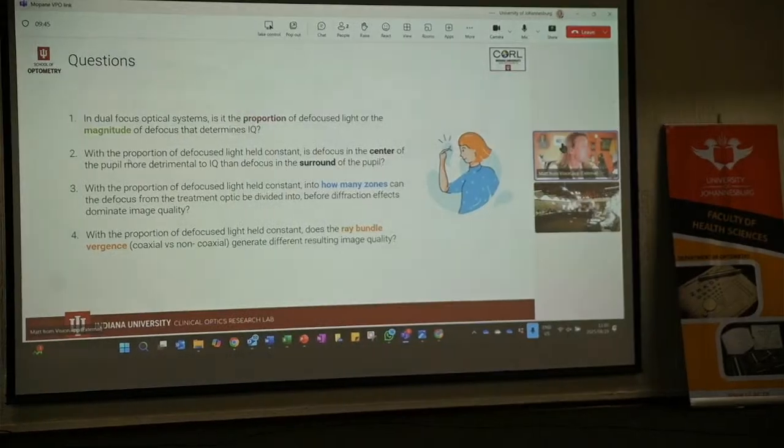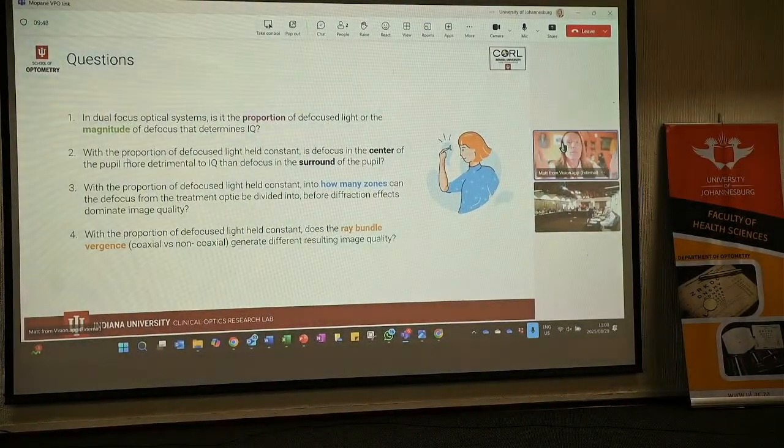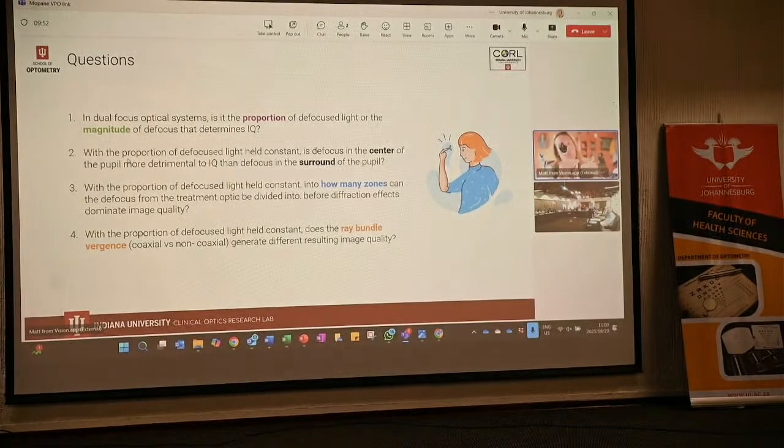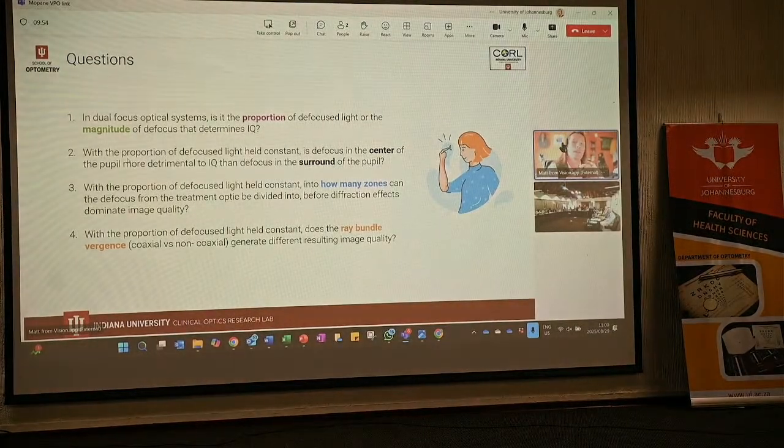And then number two, if keeping proportion of focus versus defocus, is a zone in the center or maybe in the surround going to give better image quality?